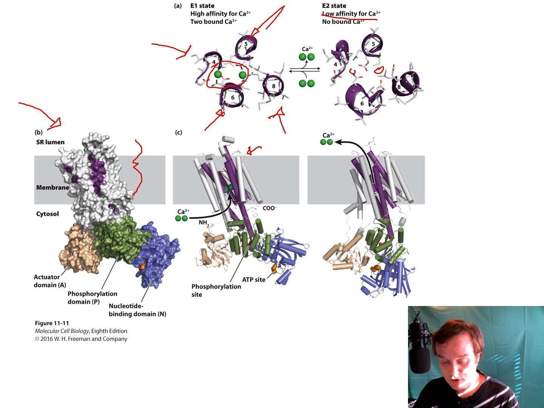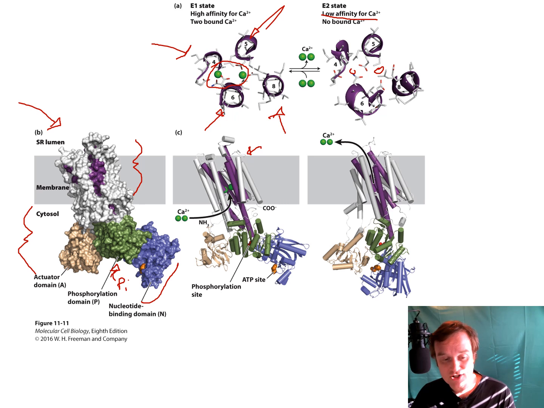And so moving on to the cytosolic domains here, you can see that there are these nucleotide binding domains that are blue, over on the side here. This binds that ATP and hydrolyzes that ATP. And then the phosphorylation domain, so once we convert ATP to an ADP plus a phosphate group, that binds to this phosphorylation domain here in green.